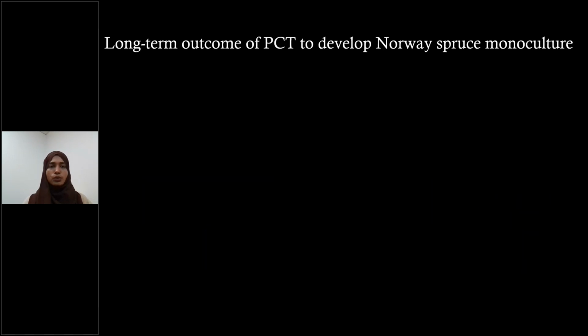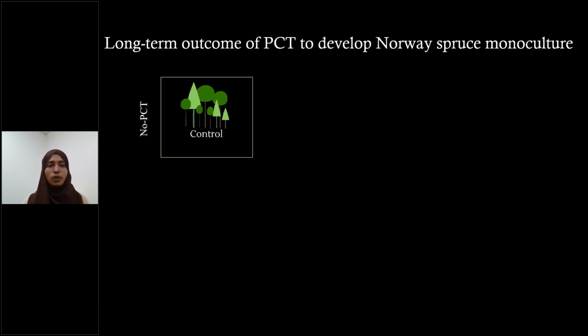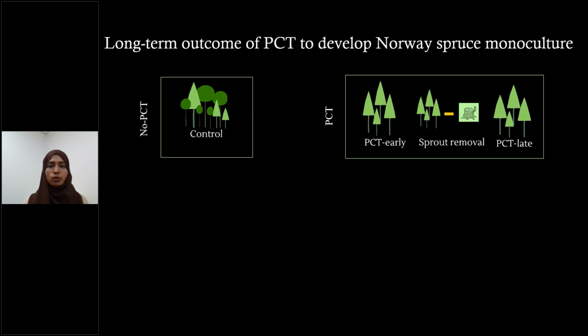Okay, so now it's time to check how PCT influences the long-term development of monoculture. To do that, we compared the PCT and no-PCT stands of Norway spruce in terms of mean annual increment and land expectation value. For the sake of time and simplicity, I'm just going to show you the result for the land expectation value, the economic part.